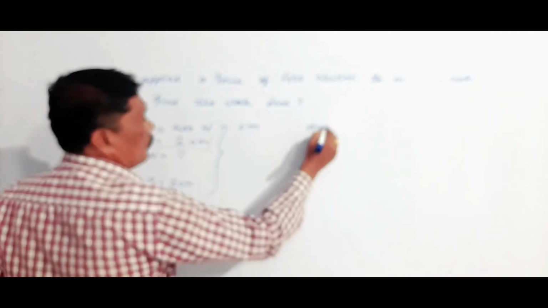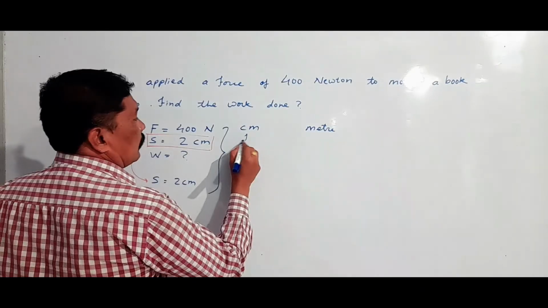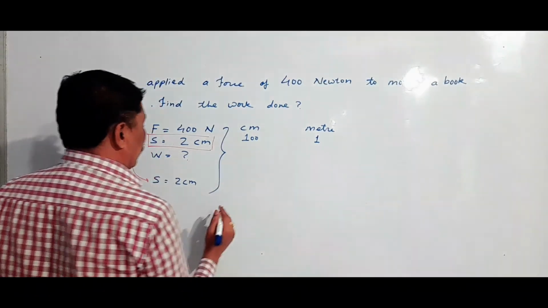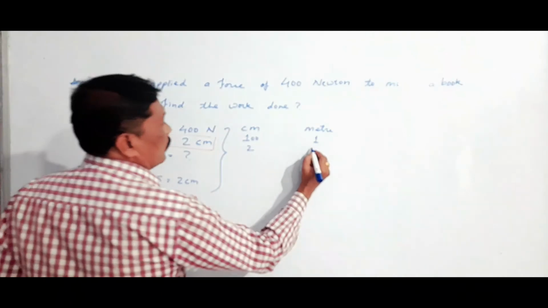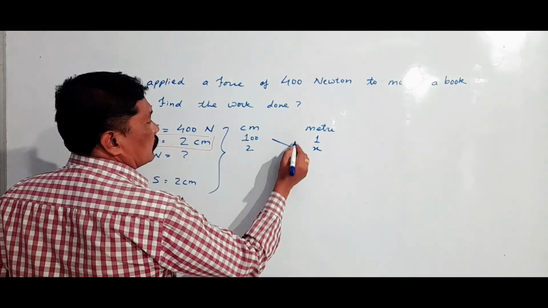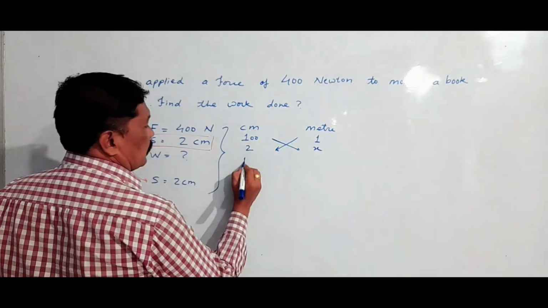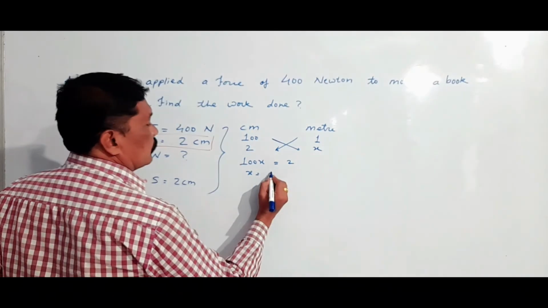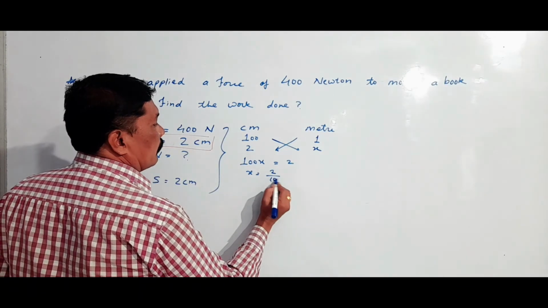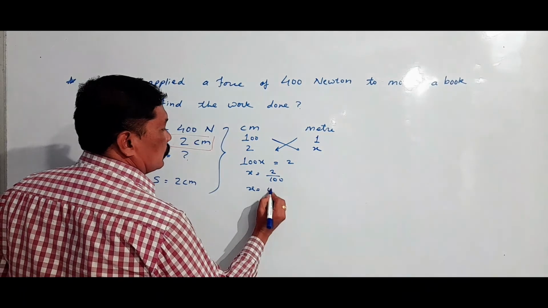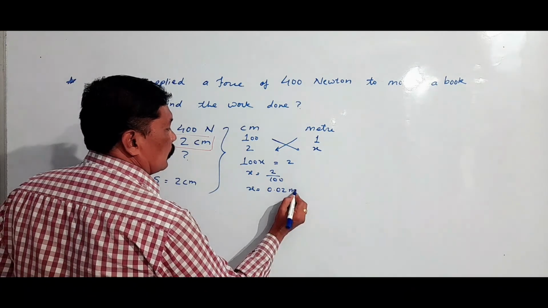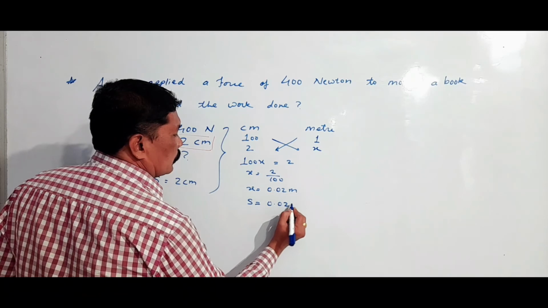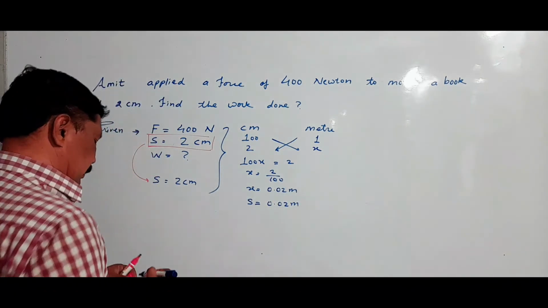Centimeter, meter, 100, 1, 2 centimeter, x, cross multiplication, 100x is equal to 2, x is equal to 2 divided by 100, x is equal to 0.02 meter. Displacement is equal to 0.02 meter.